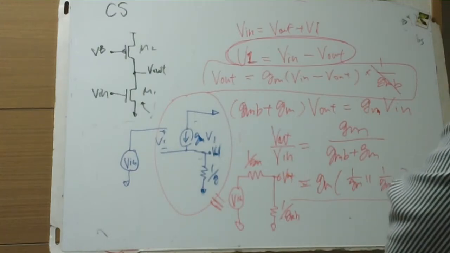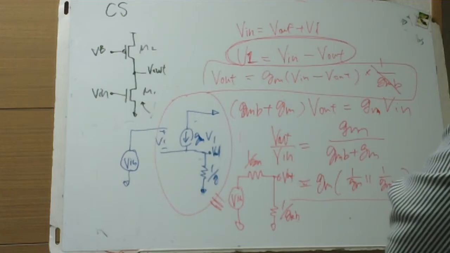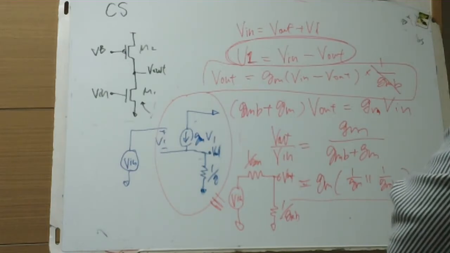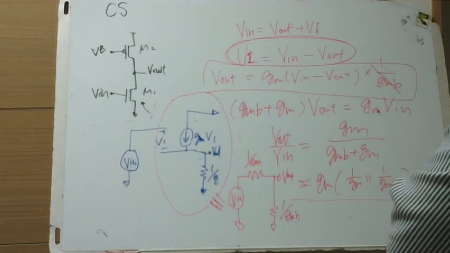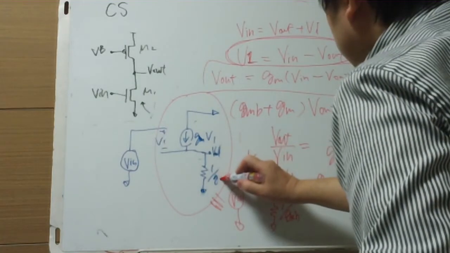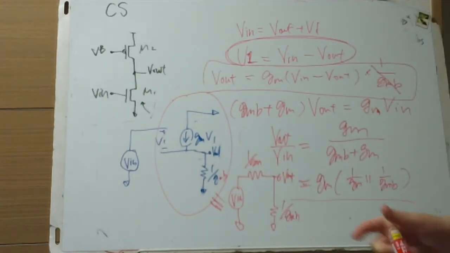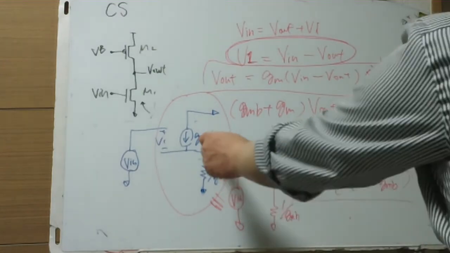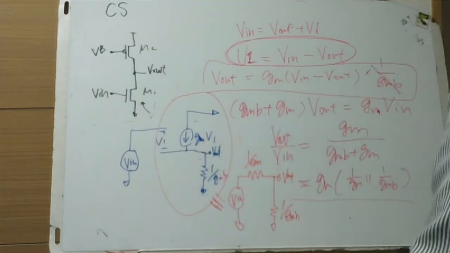Why V1 equals V? If V1 equals V in, we get, no. If V1 equals V in, it couldn't get this. Just like change this V in, we don't get there.